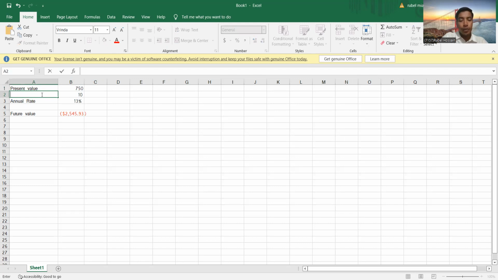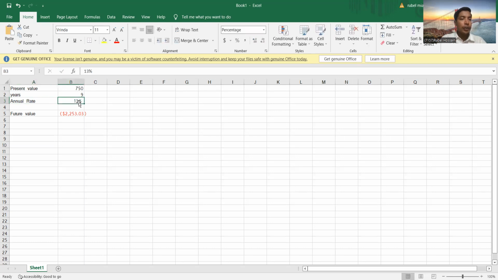Then we have to write years. How many years? So write years. Here you can see 10 years it has. We can change the number. We can give 9 years. Okay, then we have to write down annual rate. Let's write down annual rate. Annual rate, we don't know.